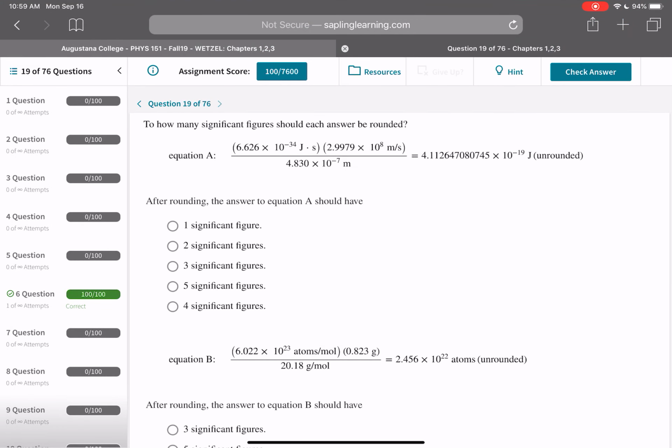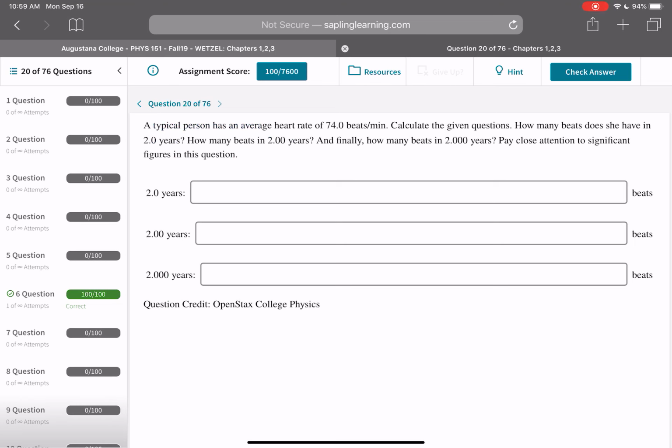Okay, yep. Next. A typical person has an average heart rate of 74 beats per minute. Calculate the given quantities. How many beats does she have in 2 years? How many beats in 2.00 years? And finally, how many beats in 2.000 years? Pay close attention to significant figures. Okay, 74 beats per minute, 525,600 minutes in a year.